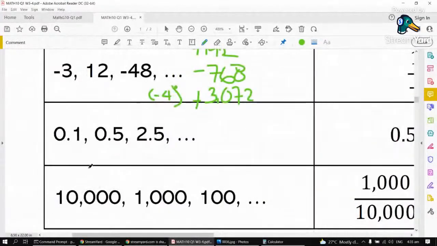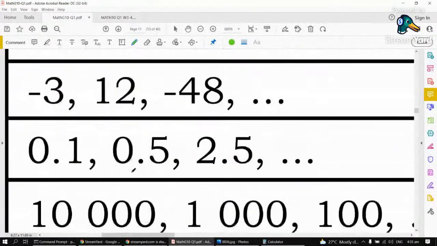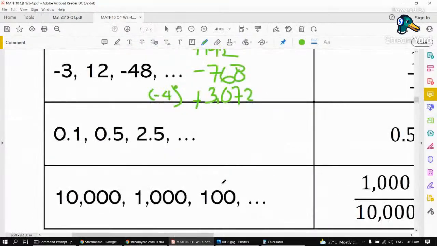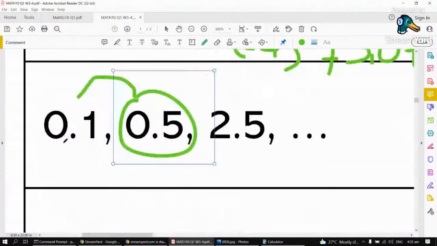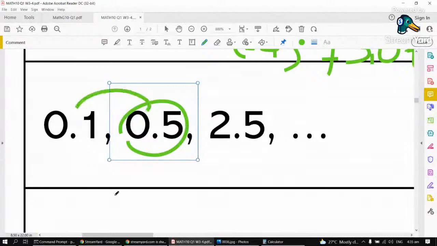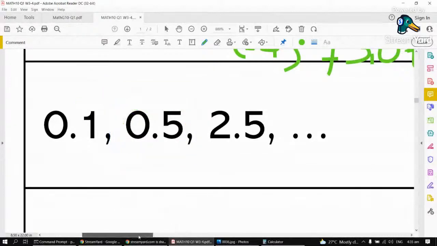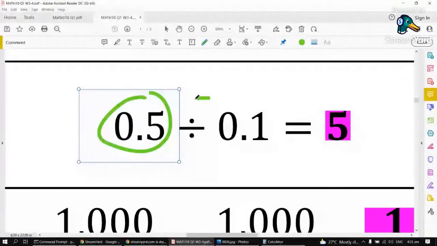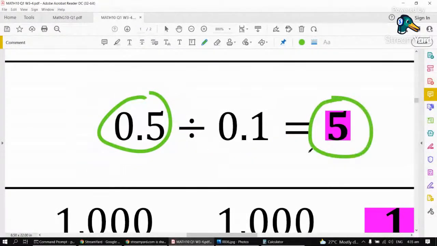Next. Meron tayong 0.1, 0.5, 2.5. Para makuha ang common ratio, yung nasa kanan, i-divide natin sa nasa kaliwa. So that's 0.5 divided by 0.1. 0.5 divided by 0.1 is equal to positive 5.